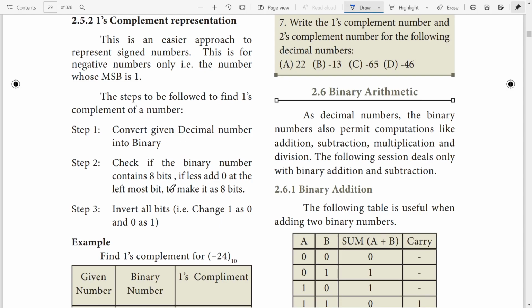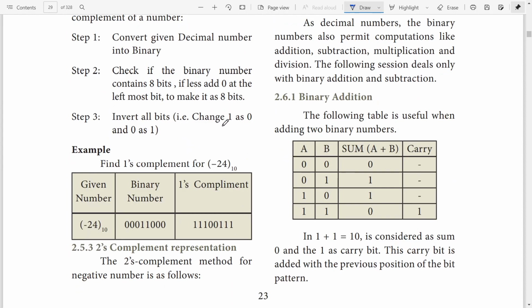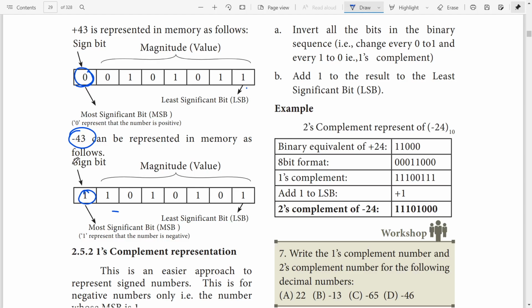Check if the binary number contains 8 bits. If less, add 0 at the leftmost bit to make it 8 bits. Invert all bits, change 1 to 0 and 0 to 1. That is what happened here.